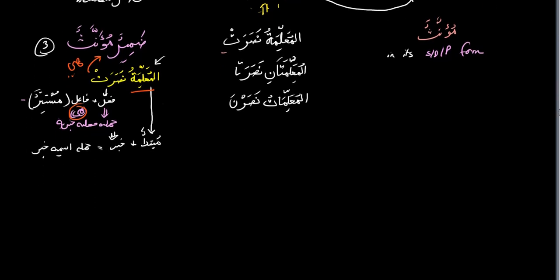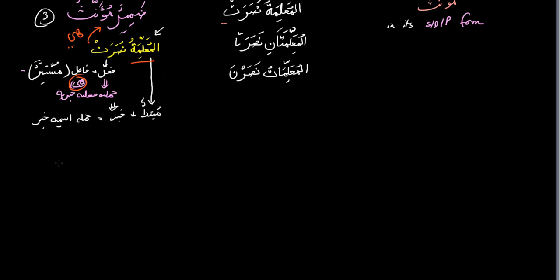All right, category number 4. Let's see what we got here. We're still talking about fa'il, so I'll put this here. If the fa'il is zahir mu'annas ghayru haqiqi. Oh, this is important.